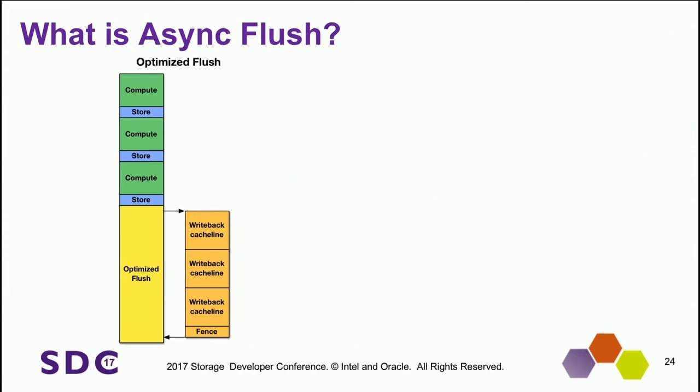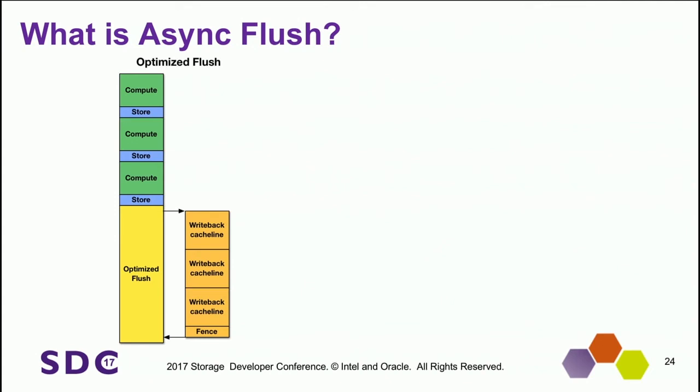So let me introduce what asynchronous flush is by first talking about optimized flush in more detail. So optimized flush is part of our current programming model. The stack on the left is instruction ordering, instruction flow in a thread. And the stuff on the right is the persistent memory operations that are happening in hardware.